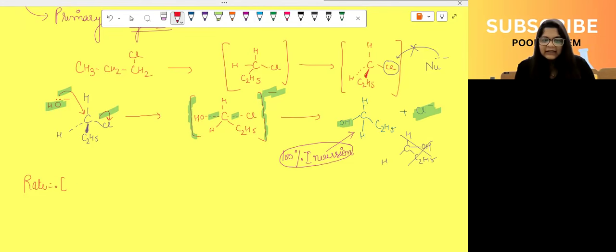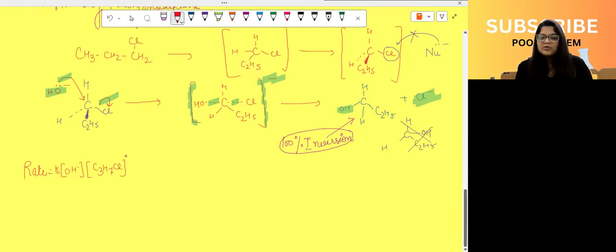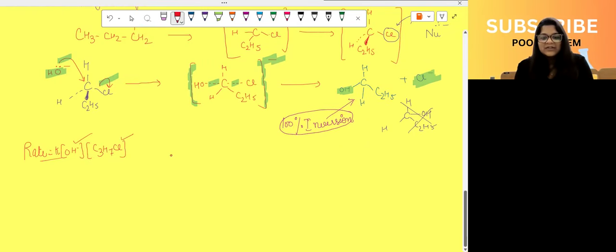So the rate will be k, concentration of OH negative and the concentration of C3H7Cl, right? Since there are two molecules, that's why it becomes what? Bimolecular, right?